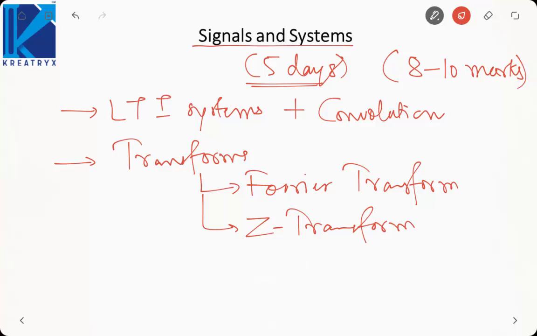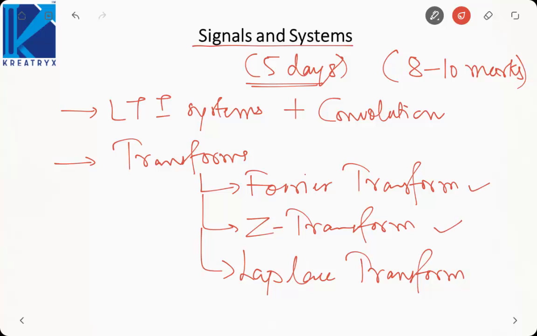Okay, from Fourier transform and Z transform, a question is guaranteed. Laplace transform is also important because it forms the prerequisite for control systems. Okay, but hardly there is a problem directly based on Laplace transform. It is a useful tool, but direct questions in GATE examinations are not that frequent. But Z transform and Fourier transform are very important.